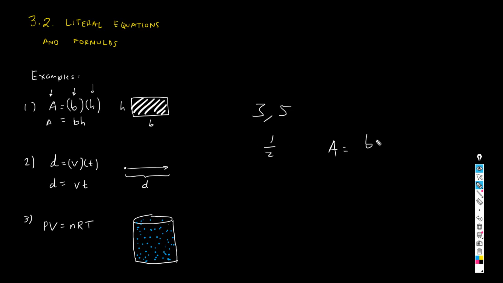What about this one? This is the area for a triangle, right? The area of the triangle is base times height over 2. So you see, you can encounter constants in literal equations, but you also encounter more variables, more than 2 or 3 or whatever, any number of variables. Okay, so that is a very simple example.